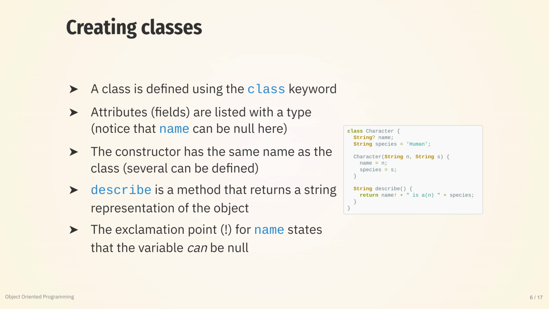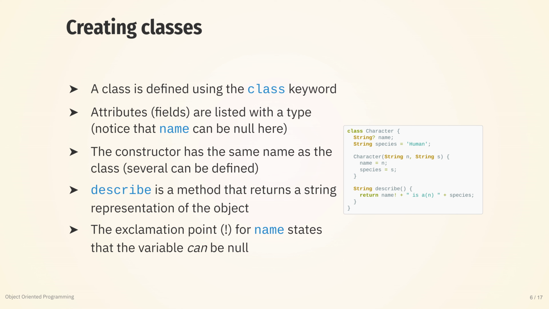We can have a number of constructors defined. In this case, we have one called Character, because a constructor always has the same name as the class. It takes two parameters, the two strings called n and s, and we just use those values to set it. Describe in this case is something that basically returns a toString, a description of this character, this object that we instantiate later on.